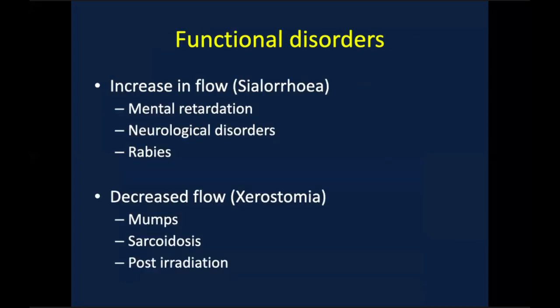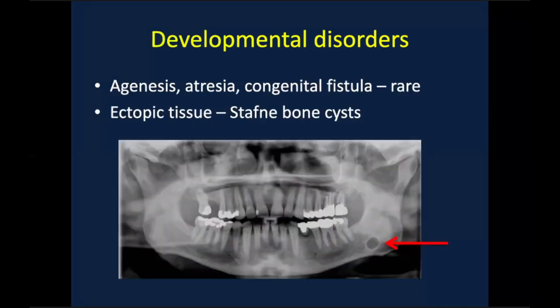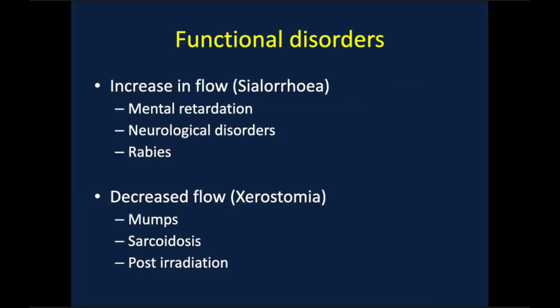Okay, so let's go to the next category of problems: functional disorders of salivary glands. This means there is no real structural abnormality, but functionally the salivary gland is impaired. The main function of the salivary gland, as you know, is to produce saliva.